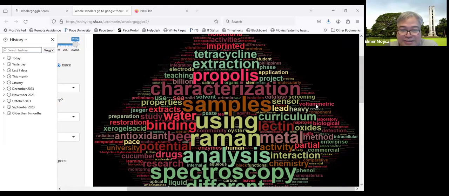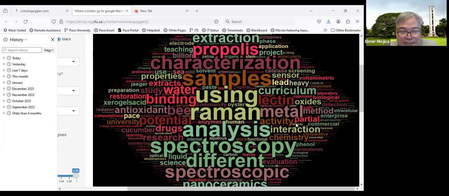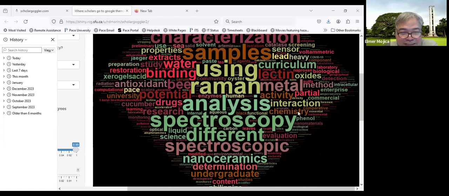Electrochemistry. Okay. And I think there's an electrode here. But if you look at the one that we have, mostly spectroscopy, spectroscopic, and I'm surprised, Raman. And maybe you'll also see, why are there amphetamines?